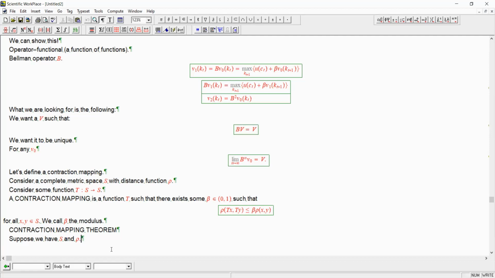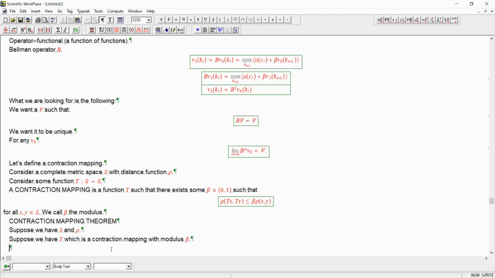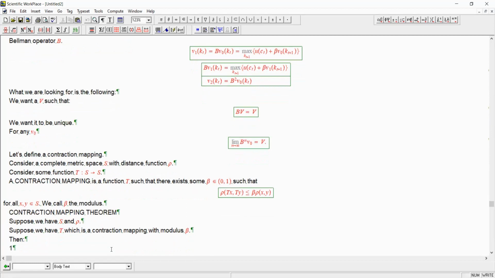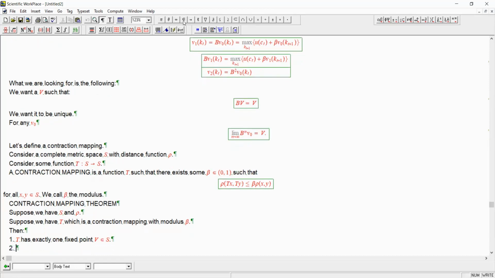And suppose we also have our function T, which is a contraction mapping with modulus beta. Then we get two results. One, T has exactly one fixed point v in S. That's the first result.